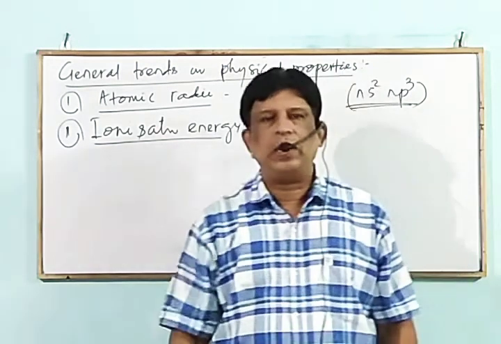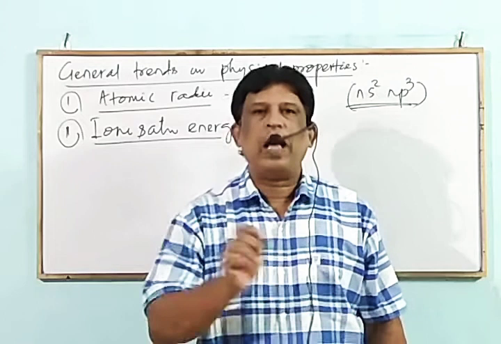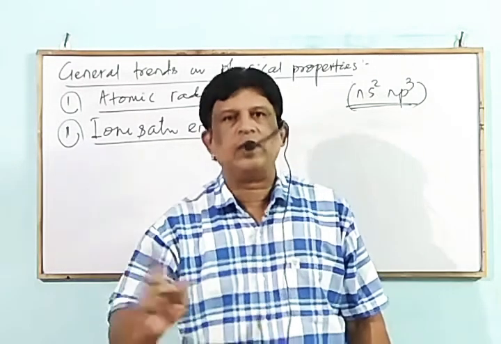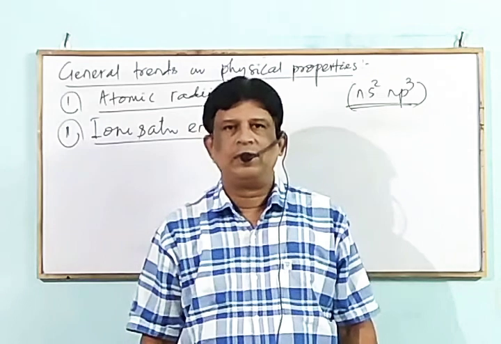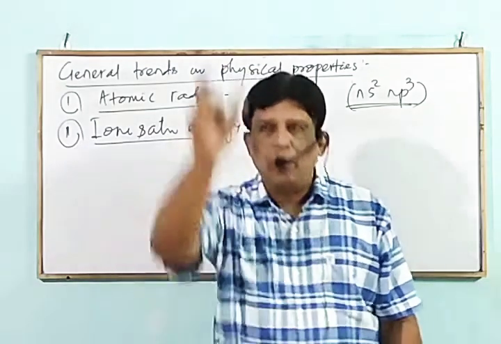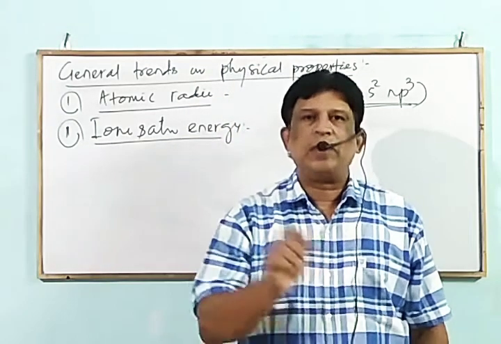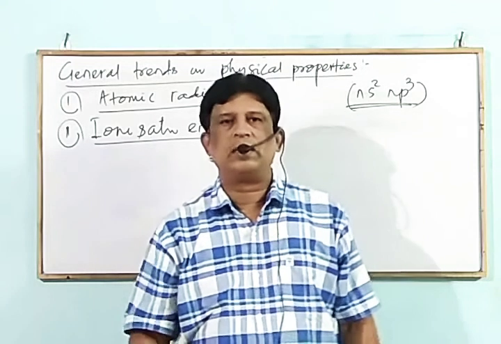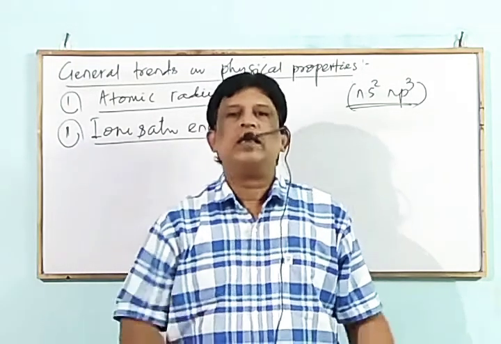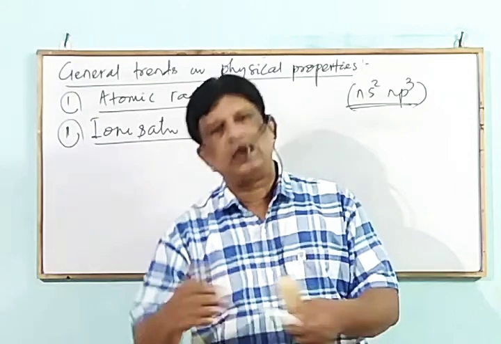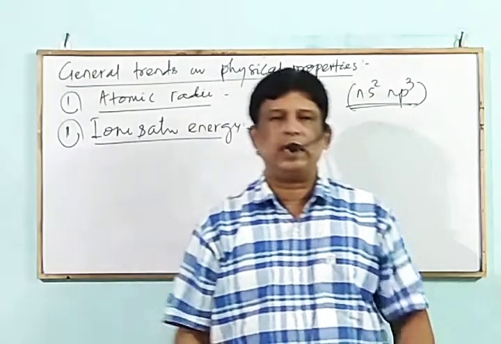Due to higher stability, they have high value of ionization energy. However, while moving from top to bottom, this value gradually decreases as the nuclear charge increases, atomic size increases.